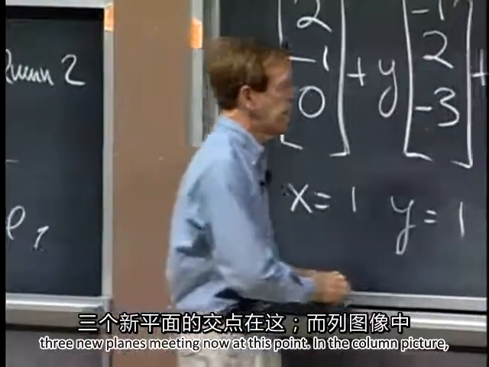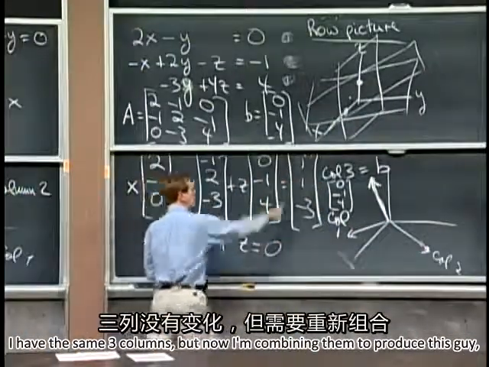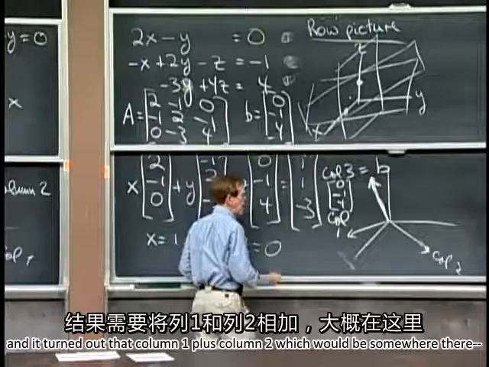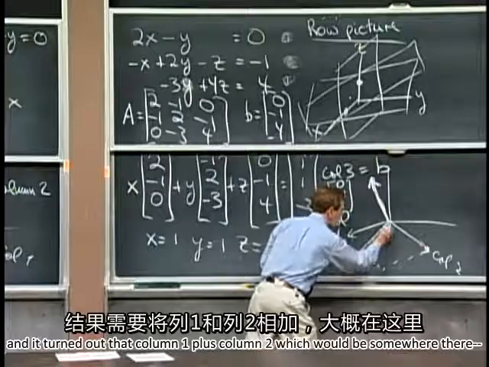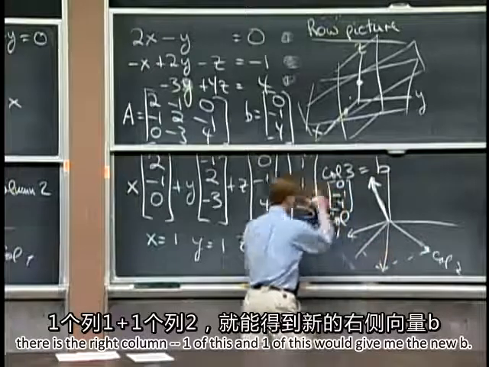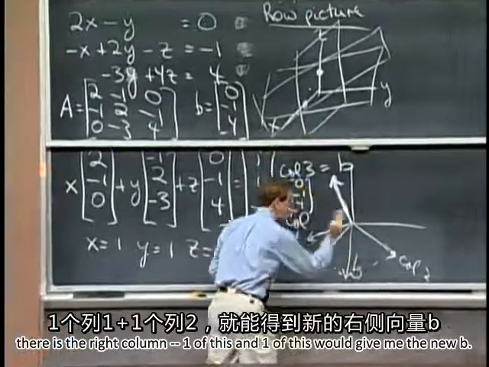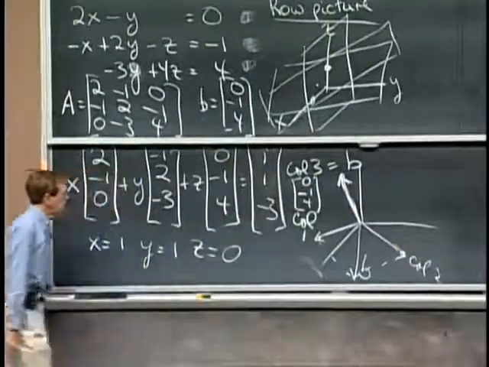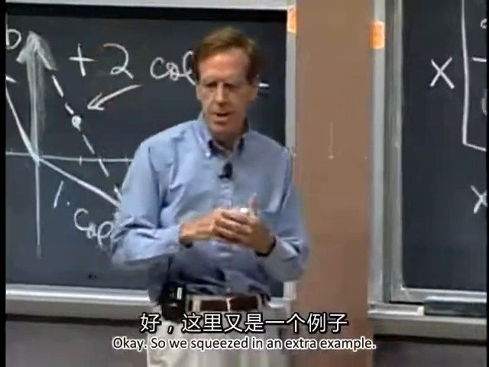In the column picture, I have the same 3 columns, but now I'm combining them to produce this new B. Column 1 plus column 2 is the right column. One of this and one of this would give me the new B.